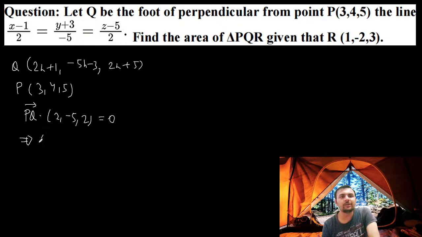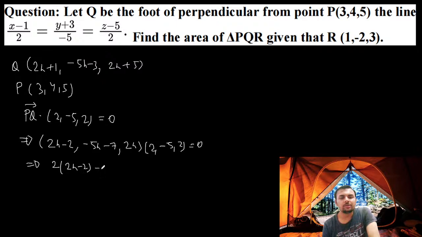So PQ vector is 2 lambda minus 2, minus 5 lambda minus 7, 2 lambda. This dot 2, minus 5, 2 equal to 0. This is 2 times (2 lambda minus 2) plus 5 times (5 lambda plus 7) plus 4 lambda equal to 0.